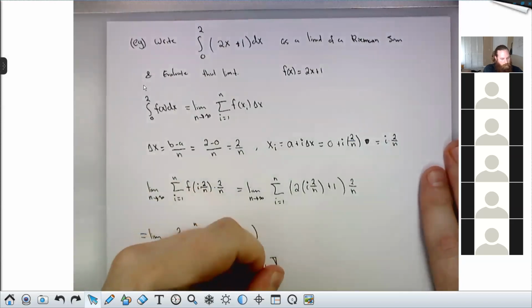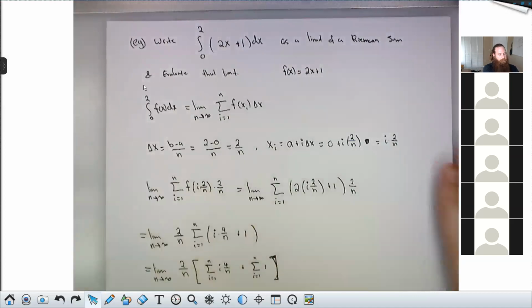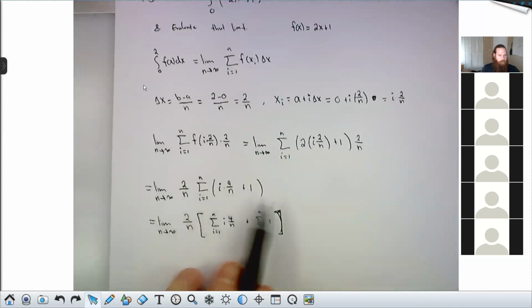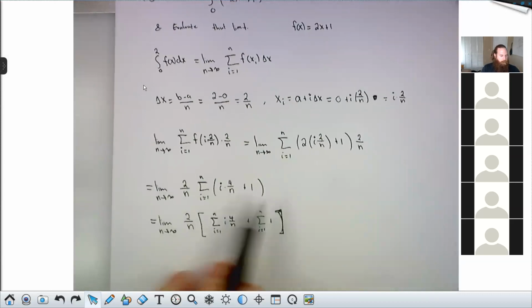So I'm splitting this sum up over these two things. The capital sigma follows the exact same algebra rule as the integral. If you don't remember these rules from pre-calculus, you can think of them as a consequence of the rule for integrals.